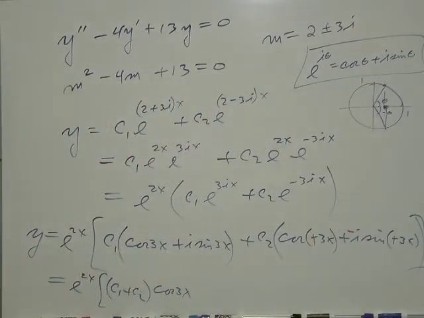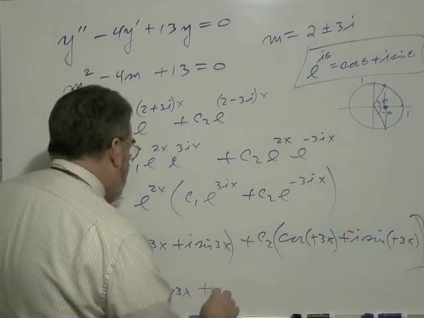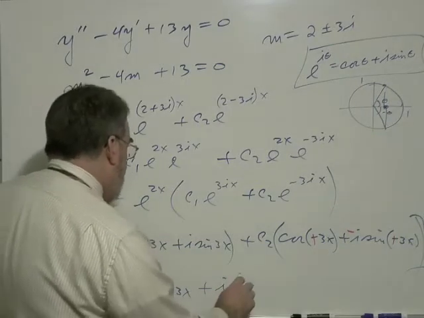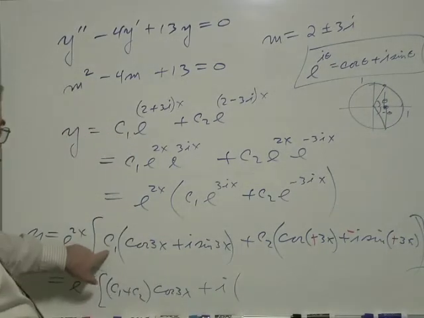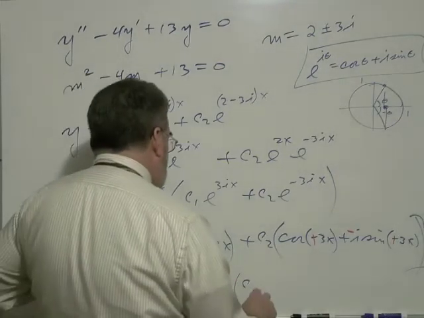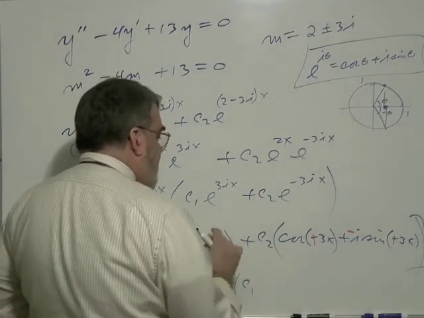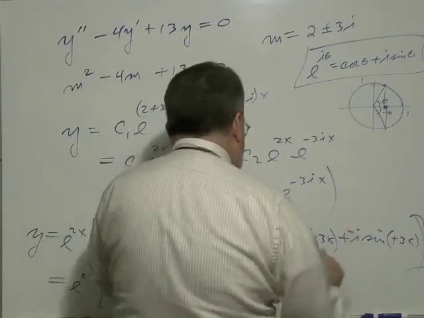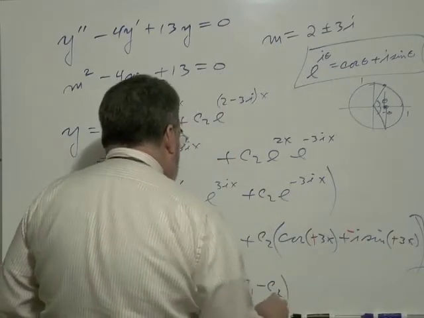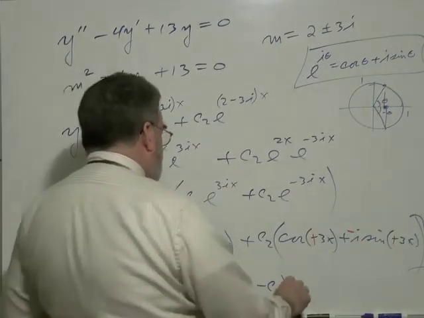So in the cosines, the negative just dies, and in the sine function, the negative gets factored out. And that gives us plus i parentheses c1 times sine 3x. So I'm going to write c1 and then minus c2 times sine 3x.